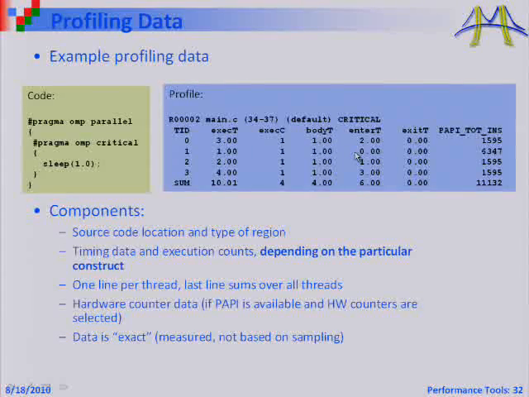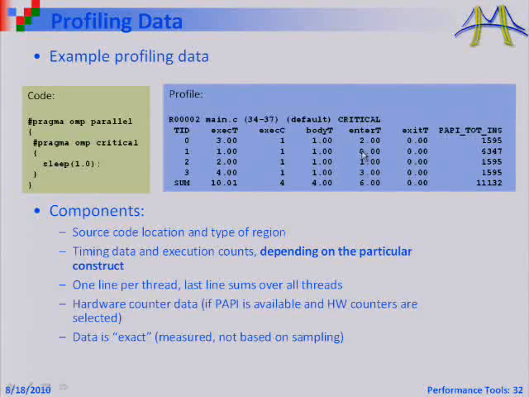The semantics of critical sections in OpenMP are that all threads that encounter the critical section can only enter it one after the other. So if we start this program with 4 threads, inside of the parallel region we will have 4 threads, and then only one at a time can enter the critical section. This profile actually tells us the sequence in which these threads enter the critical section.